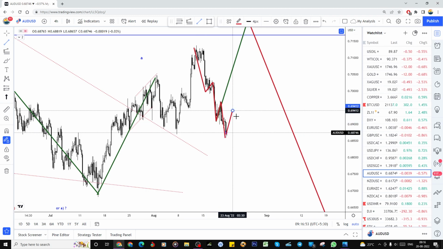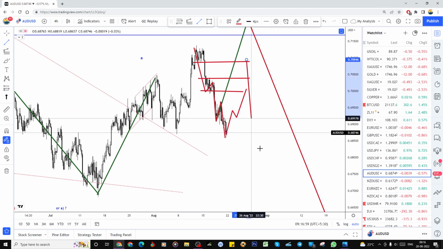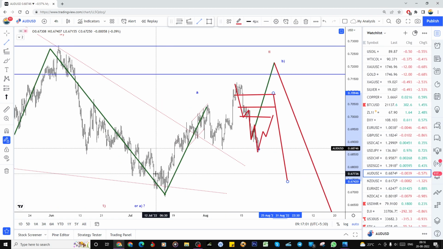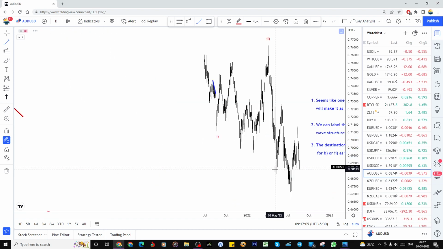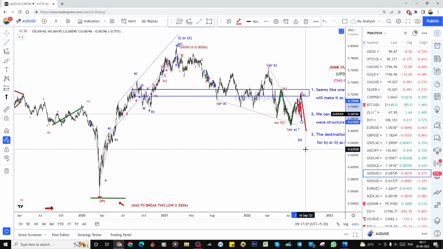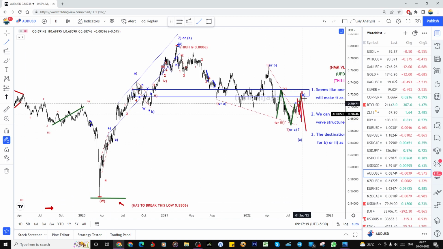But after the 3-wave structure, nearly 50%, 61.8% or 78.6%, I'm expecting this one. So either a bearish trend started from here, or again it will be a 3-wave structure making the triangle, as in EUR/USD. So it could be the same structure in AUD also. I'm expecting only the bearish trend.